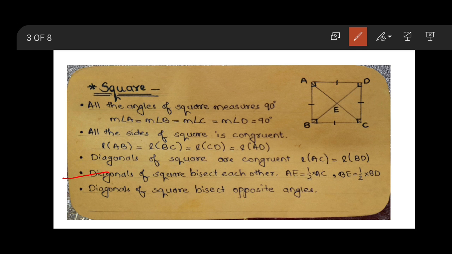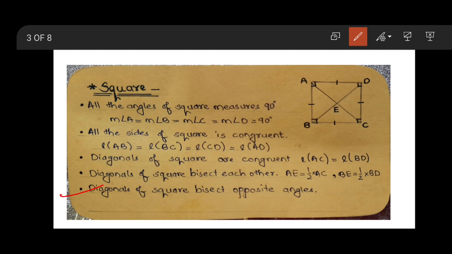It means they divide the diagonals into equal parts. You can say AE is half of AC or EC is half of AC. In the same way, BE is half of BD or ED is half of BD. So, the diagonals of a square bisect each other.